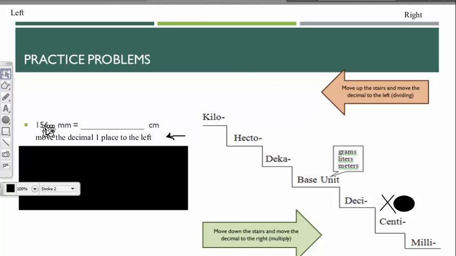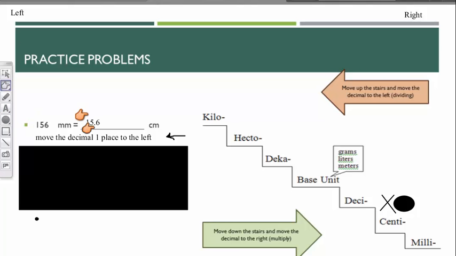So this decimal is going to go right there, right between the 5 and the 6. Okay, so my new answer will be 15.6. So 156 millimeters equals 15.6 centimeters.